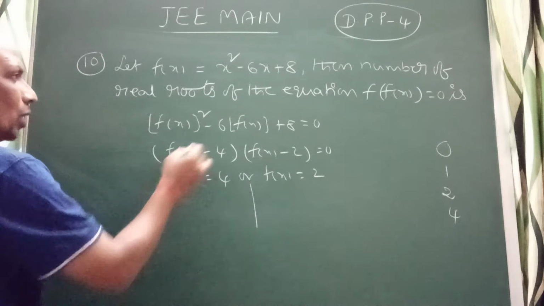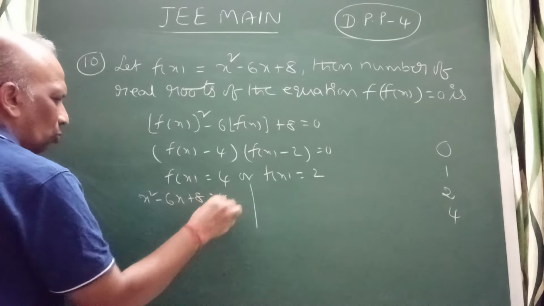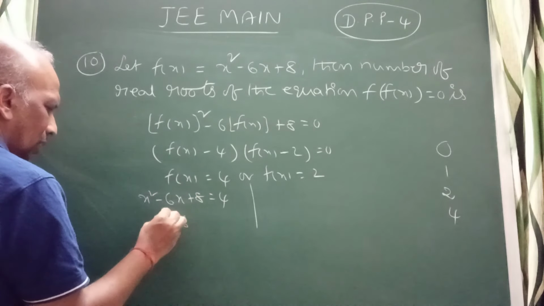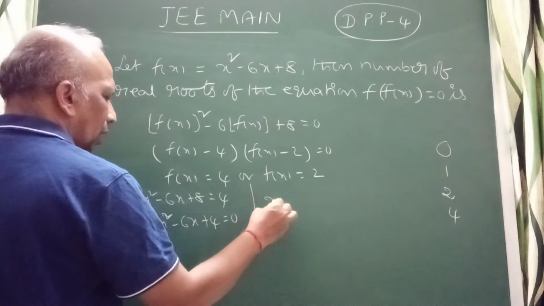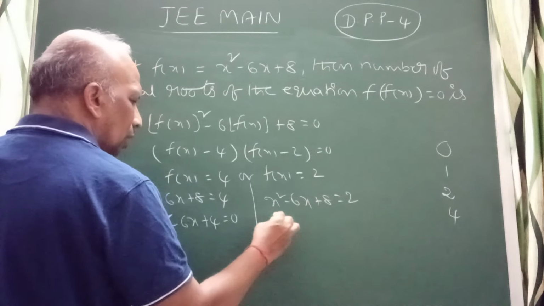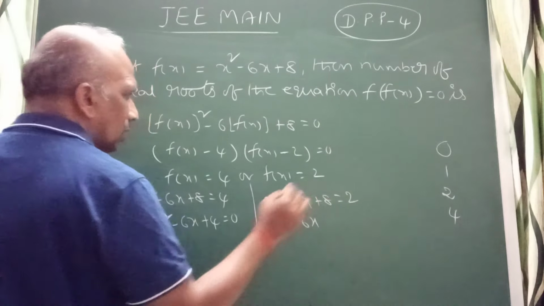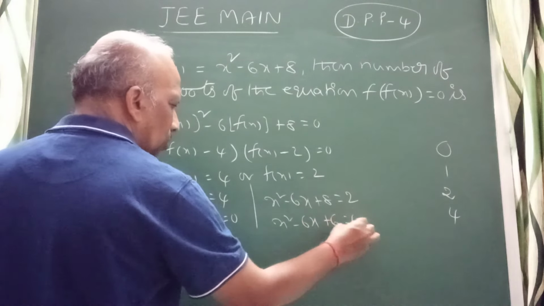Then what is f of x again? x square minus 6x plus 8 equal to 4, so x square minus 6x plus 4 equal to 0. And x square minus 6x plus 8 equal to 2, so x square minus 6x plus 6 equal to 0.